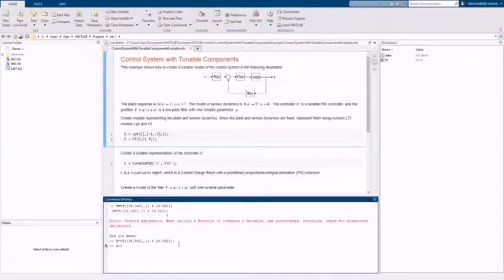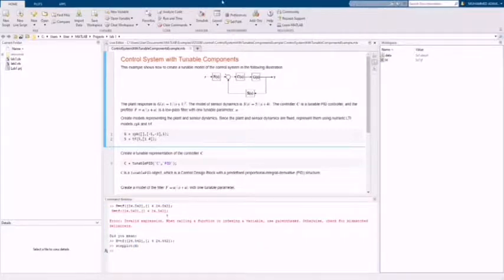Step plot. This is an error of invalid expression. I forgot to close the bracket, so step plot H, and we get the graph from those parameters.